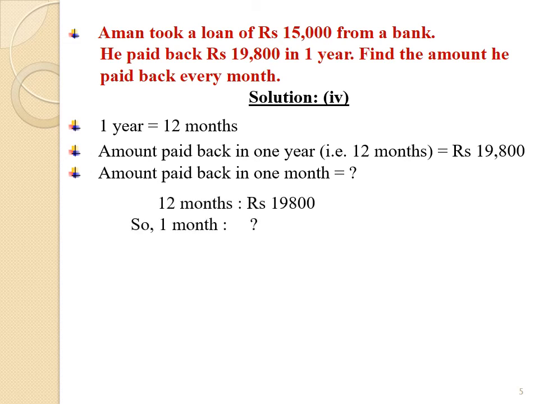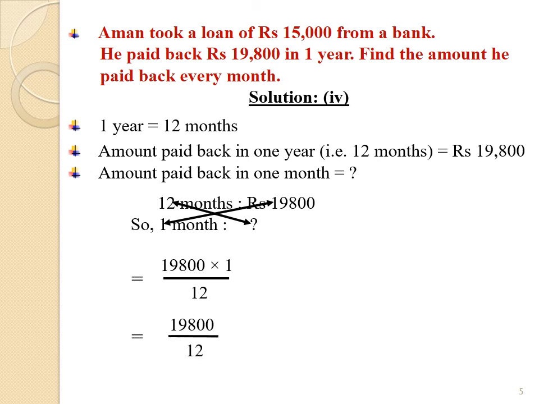Now, by cross multiplying, we get 19,800 multiplied by 1 upon 12. Now, multiplying 19,800 by 1 and keeping the denominator 12 as it is, we get 19,800 by 12.